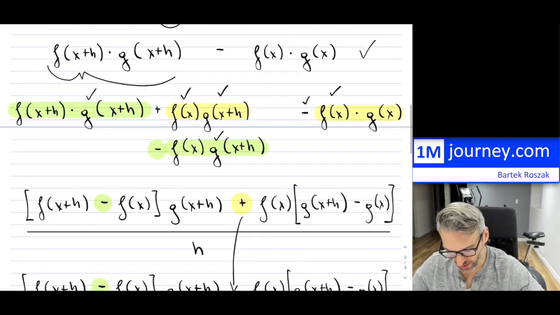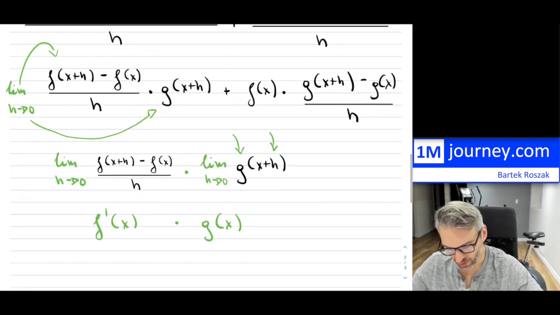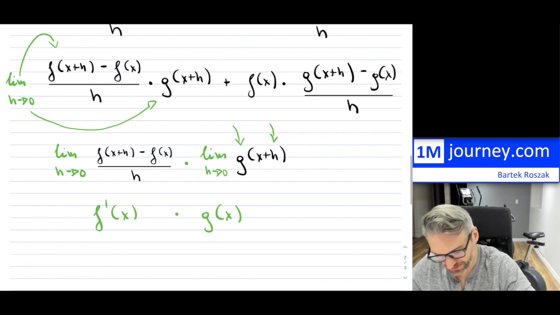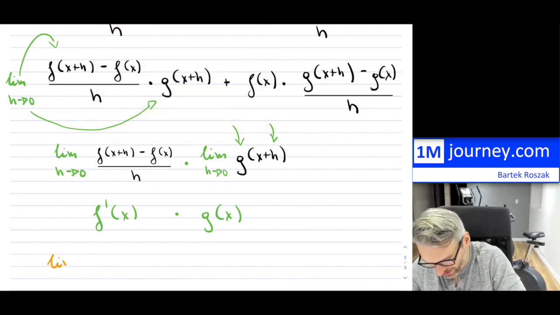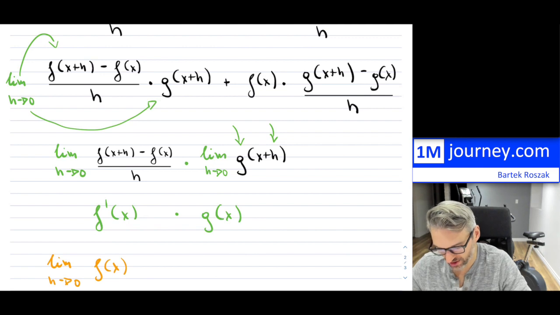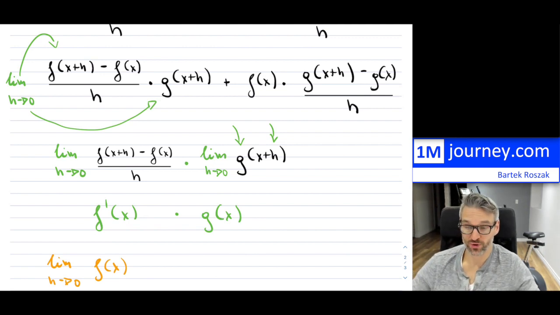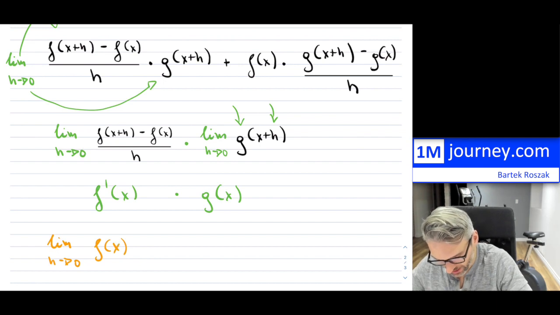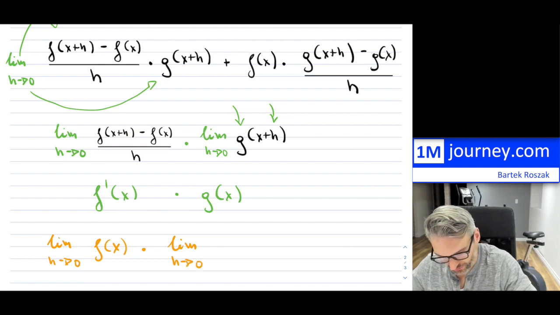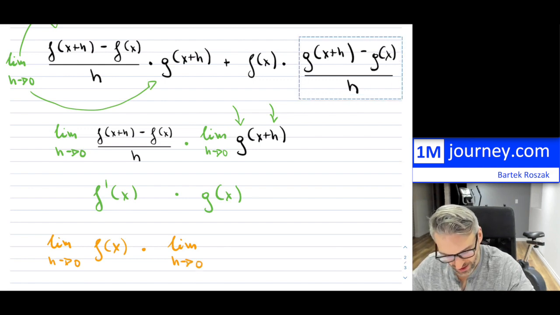And now you would do exactly the same thing with the second. So what we would get is, I'm going to just switch. So I'm going to have a limit as h tends towards 0 of f(x), which really is just a constant, because we're letting h tend towards 0, so nothing really happens there. There is no h, multiplied by the limit as h tends towards 0 of this entire thing right there.